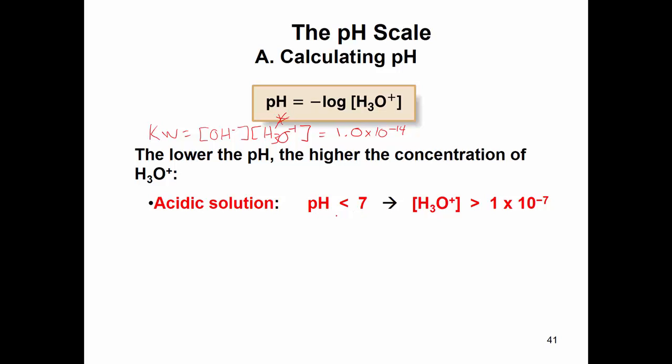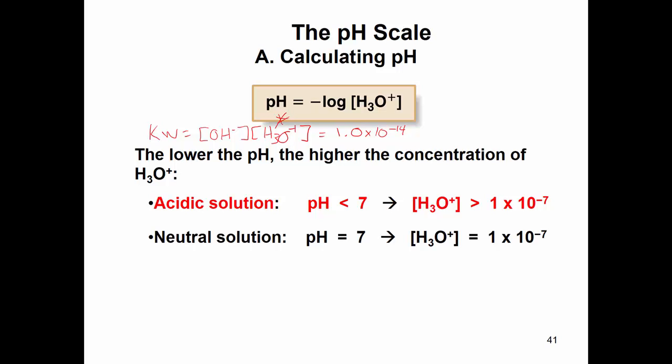All right, so we know that water's neutral and it has equal concentrations of hydroxide and hydronium. Therefore, the pH is 7. Neutral solutions, pH is 7. If it's acidic, it's going to have more acid component, H3O plus, and this makes the pH less than 7.